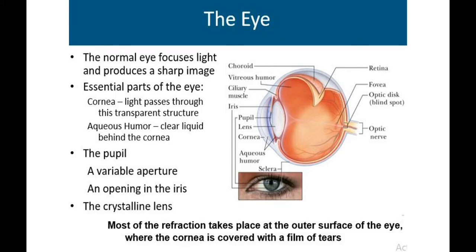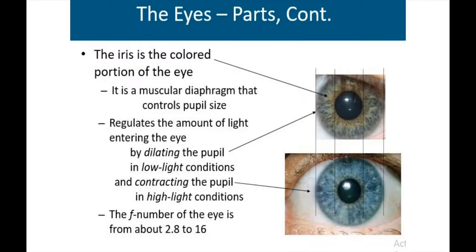Then you have also the optical nerve, and you have the retina. The retina is the inner surface of the eye with optical nerves and sensors to the light.